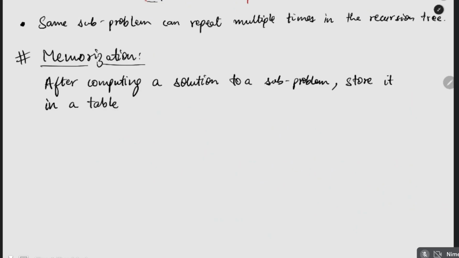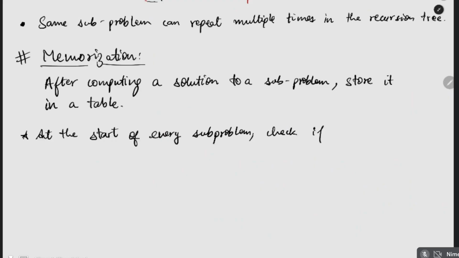And at the start of every subproblem, we check if it already exists in the table.